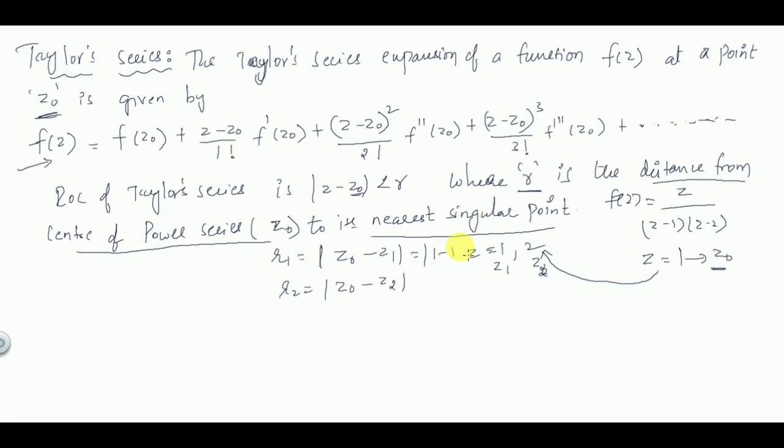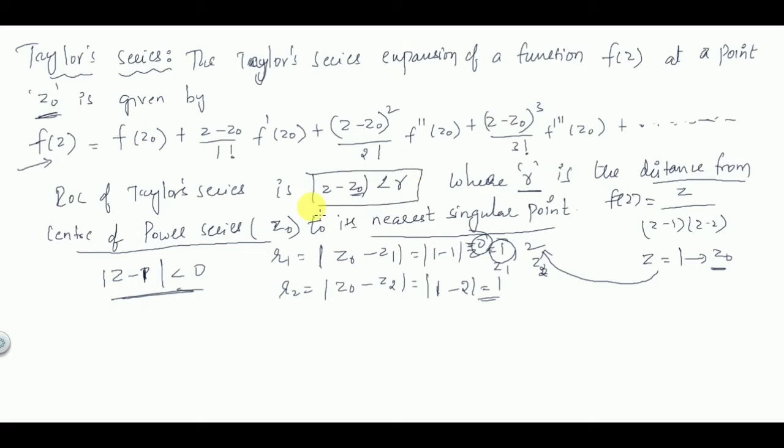So it will be 1 minus 1, so 0, for z is equal to 1. I am talking for z is equal to 1, so z0 is 1 and z1 is also 1, so r is equal to 0. Next, z0 minus z2: z0 is 1 and z2 is 2, so it will be 1. So the minimum value of r is 0, so the ROC will become modulus of z minus 1 is less than 0.